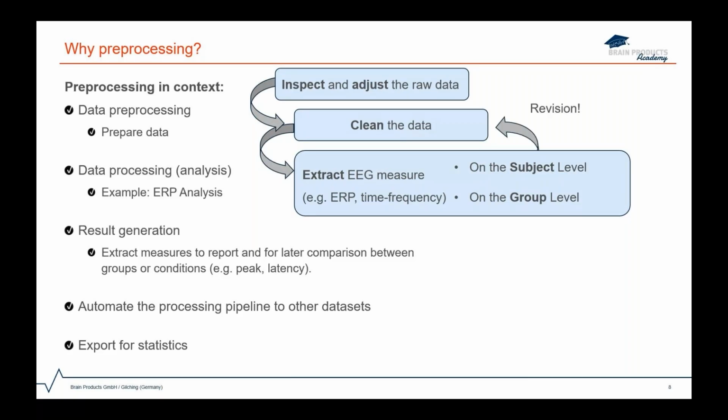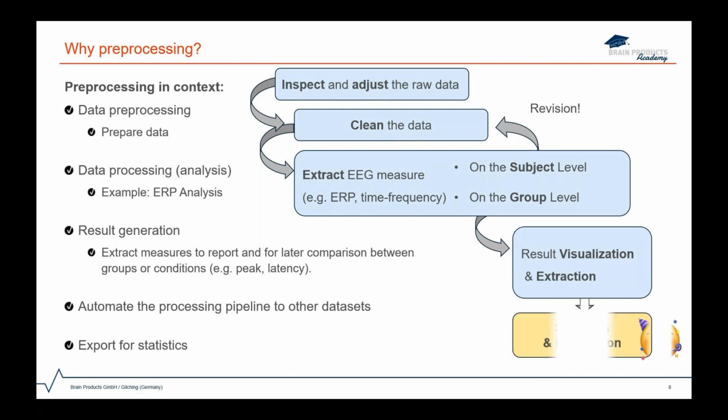This process may require some revision and fine-tuning, after which, once we are satisfied, we can proceed to visualization and extraction of the results, and finally into statistics and publication. But today we are focusing on this very first step, the data preprocessing.